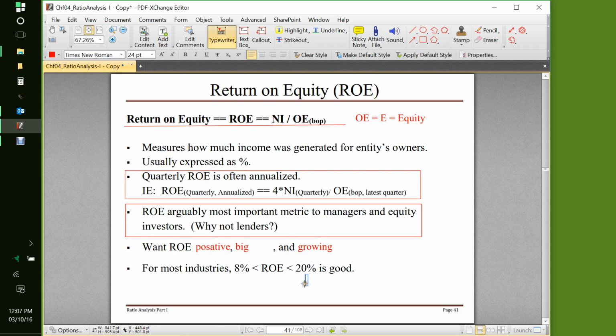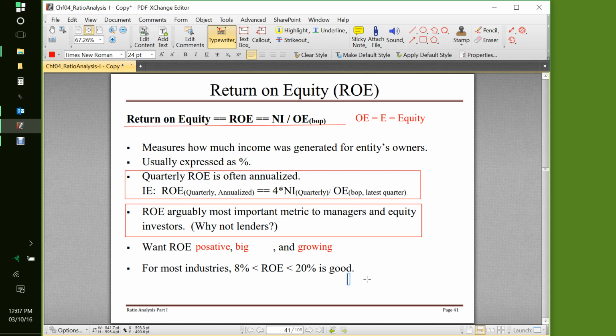Okay. And just FYI, little side point here, for most industries, ROE of 8% to 20% is very good. And if you have the most awesomely awesome of all companies and you have an ROE around 80%, which has happened sometimes, what's that going to do?